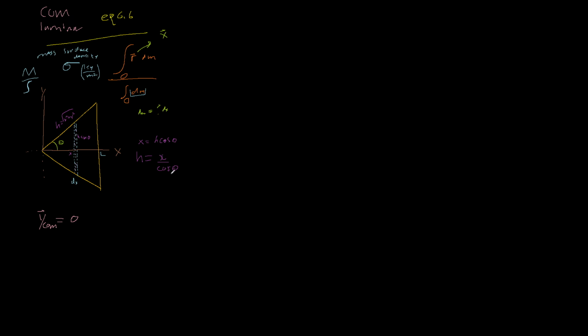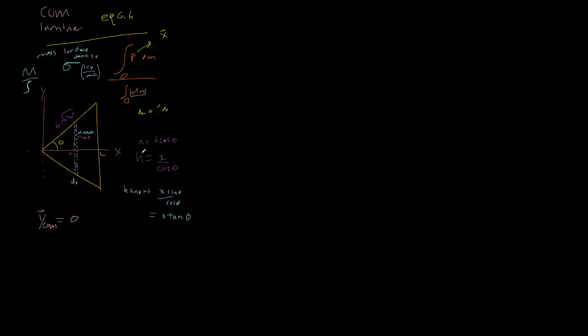So h is x over cosine theta, and when we substitute this in, h sine theta becomes x sine theta over cosine theta, which is equal to x tan theta. So that's that line, x tan theta.